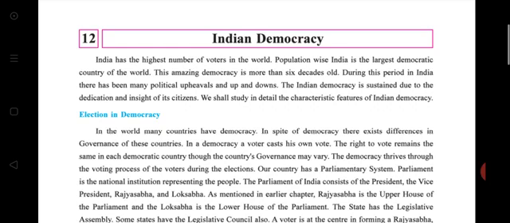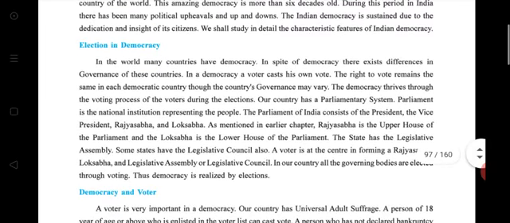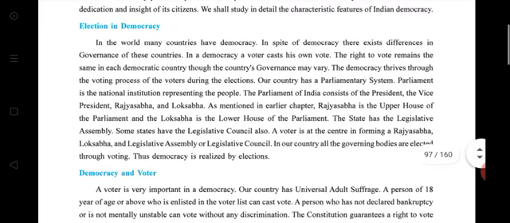So first, we discuss election in democracy. What is the process of election? How is it? We discuss all in detail. So, election in democracy. In the world, many countries have democracy.